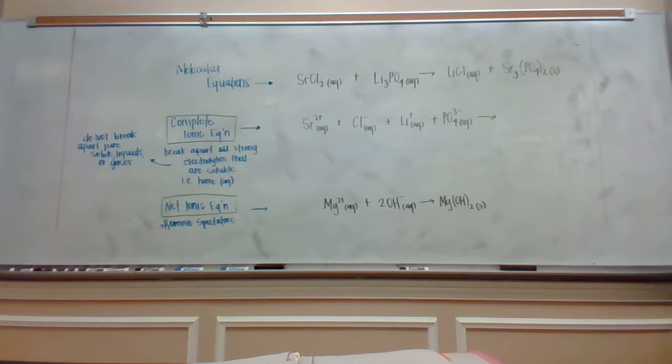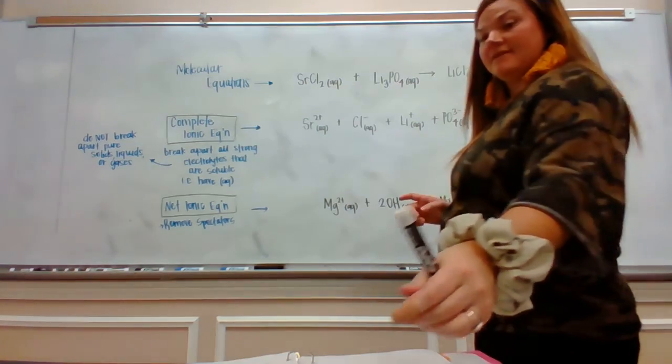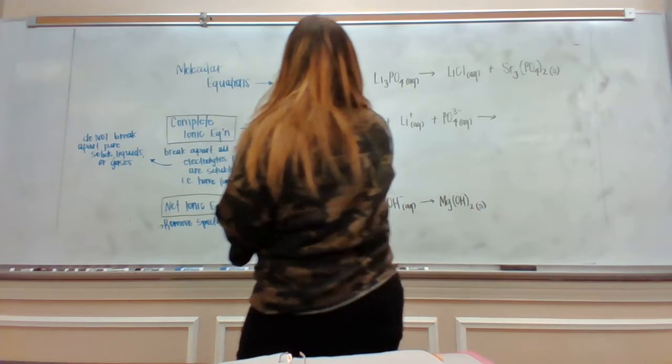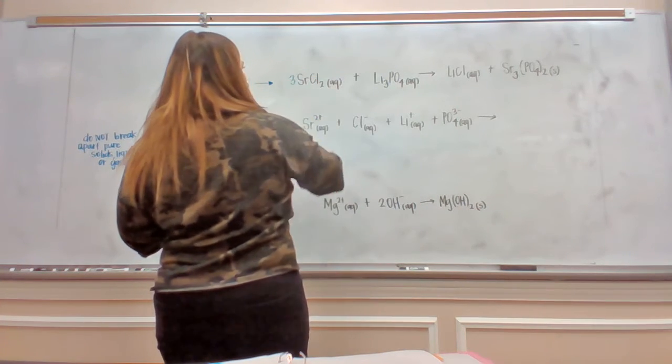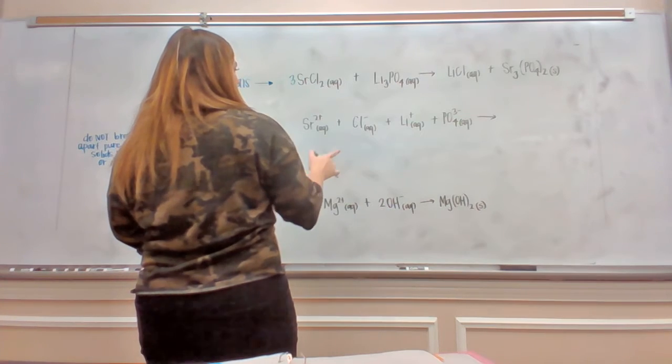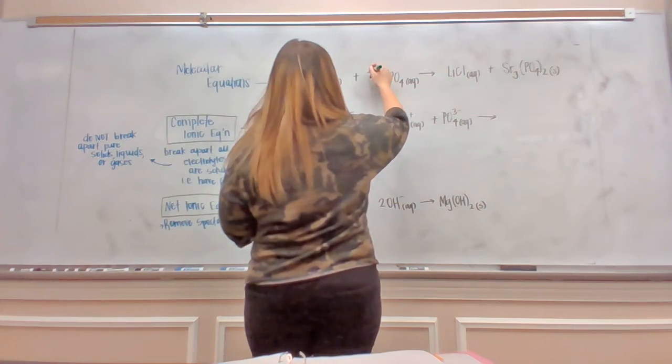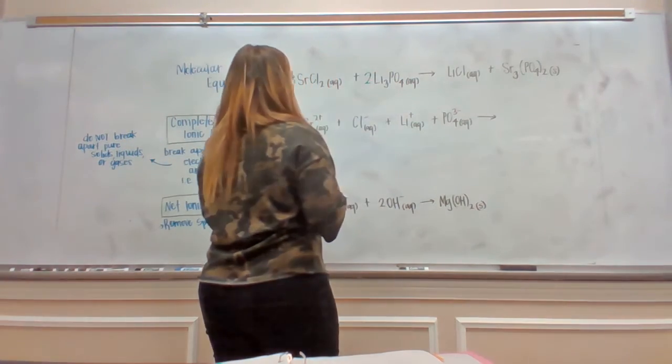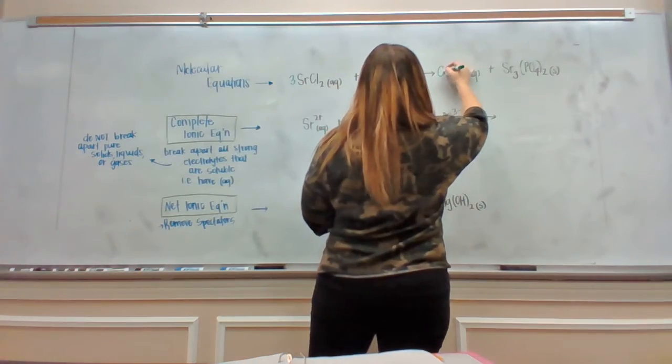Now, once I have my products up there, I need to balance it before I go on and complete my net ionic. So, looks like I need a 3 here. Phosphate has a 2, so I need a 2 there, which means I need a 6 here.